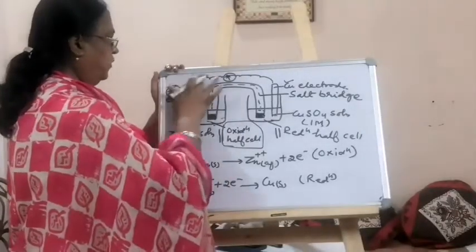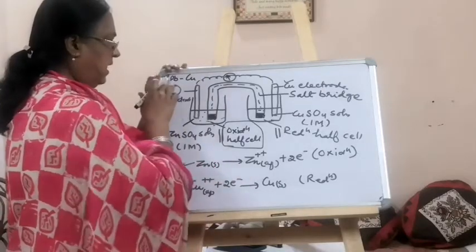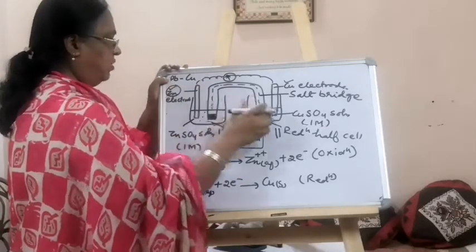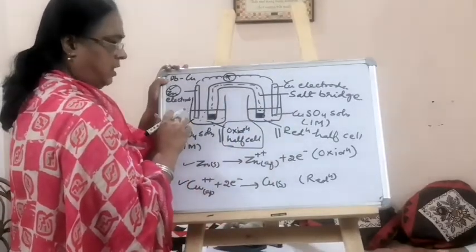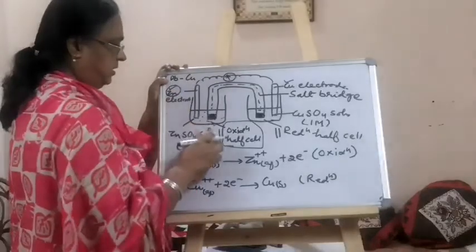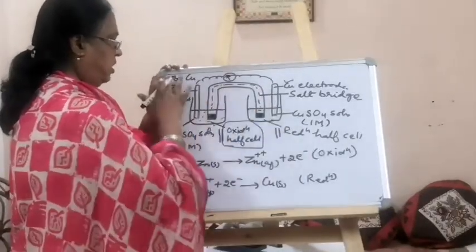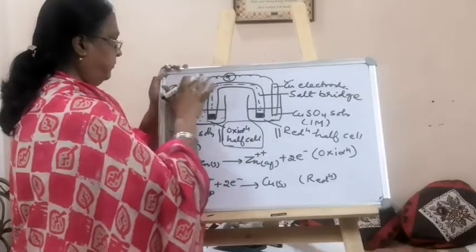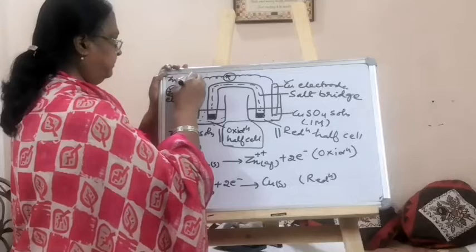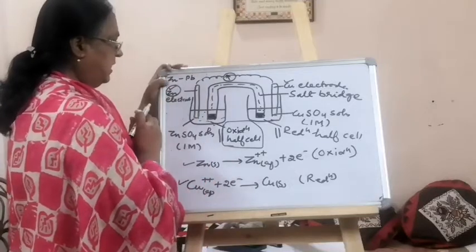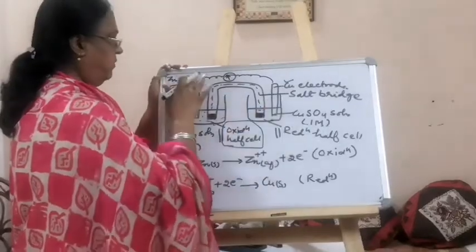If you take lead and copper, then lead is more reactive than copper. So lead will be here on the left hand side, lead will constitute the oxidation half cell and copper the reduction. If you take zinc and lead, then zinc is more reactive than lead, so zinc will be here and lead will be there.